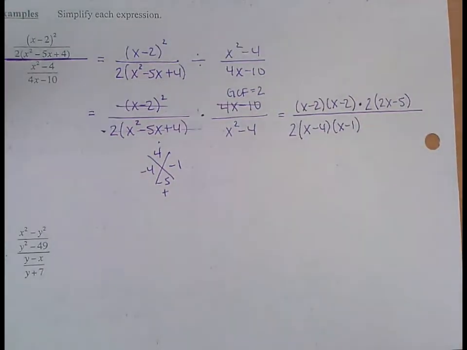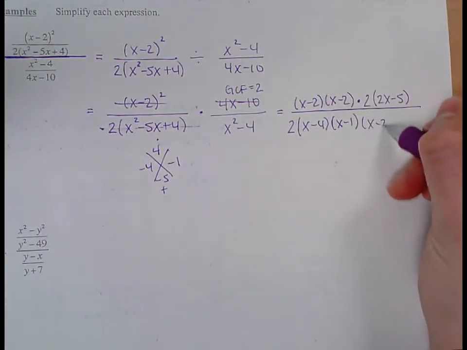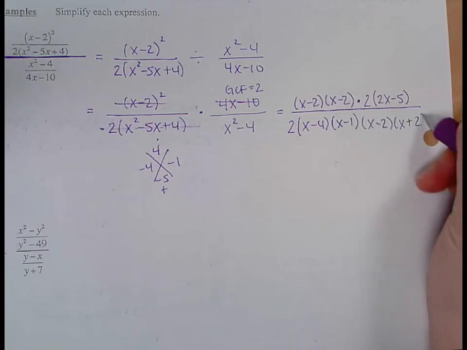And then the bottom of that second fraction is x squared minus 4. How do I factor that? Yes, difference of squares, x minus 2, x plus 2.